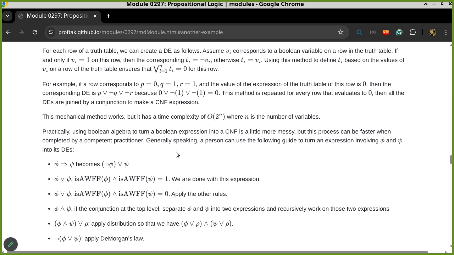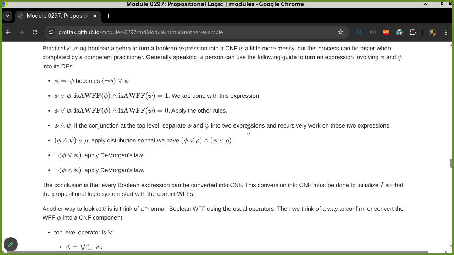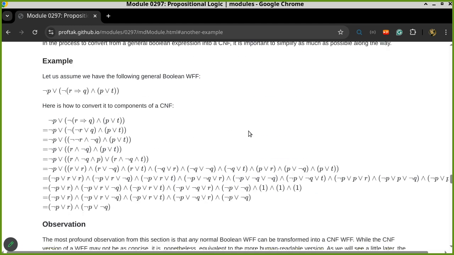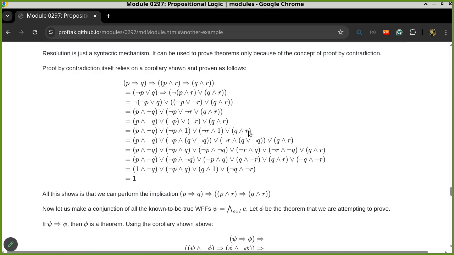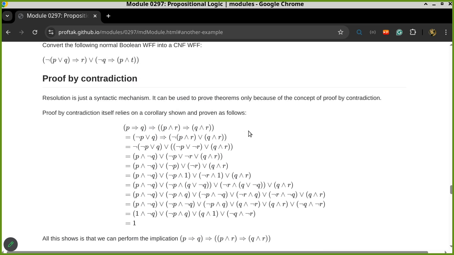The third component is proof by contradiction. Let's take a look at proof by contradiction, which we talked about last Wednesday. This is a corollary of proof by contradiction. Basically, we're saying that if P implies Q is true, then we can add a conjunction with R on both sides of the implication.